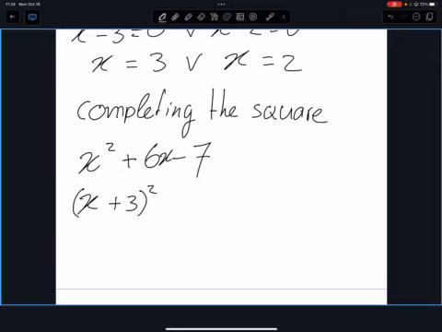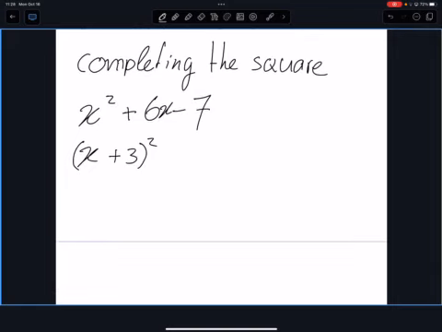Now I know this is a special product. x plus 3 squared, I know what it means already. x plus 3 squared gives what? x squared plus 6x plus 9. That is x plus 3 squared, special product. If I take it out of brackets, the answer would be x squared plus 6x plus 9.